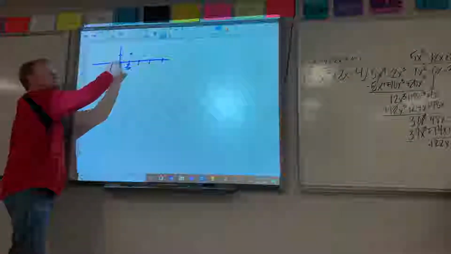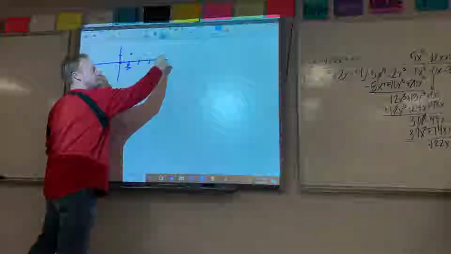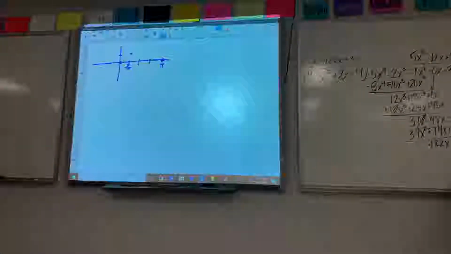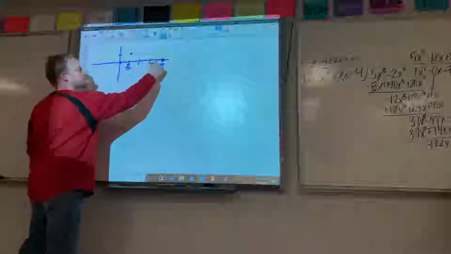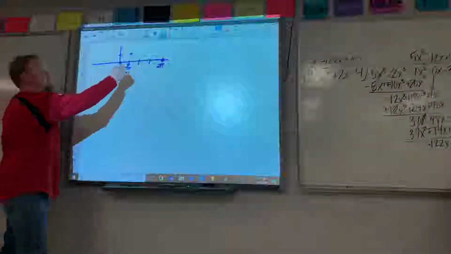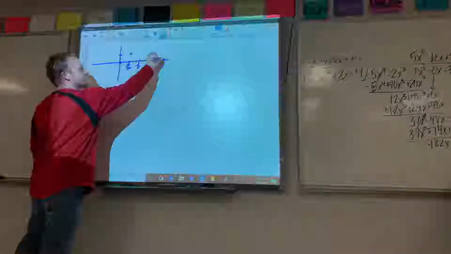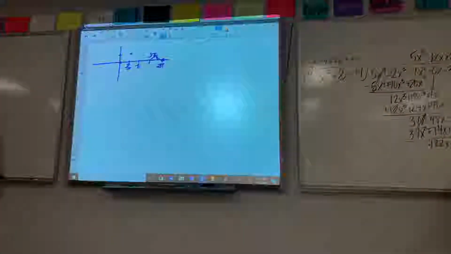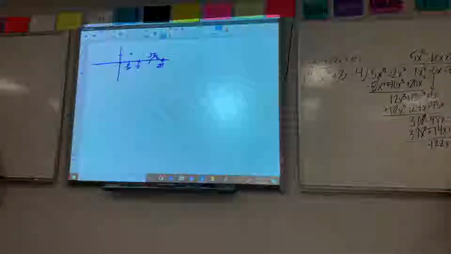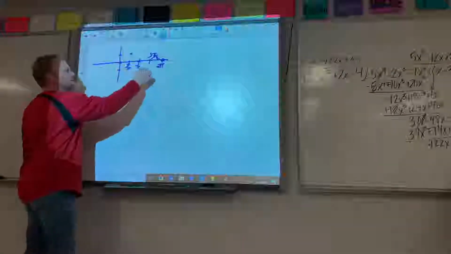If I start at 0, that means I also have to end at 0. What else? Yes, pi is here, and then 3 pi over 2 is there. Pi is on the line, so we're at 0. And then at 3 pi over 2, what happens? It goes down to -1.